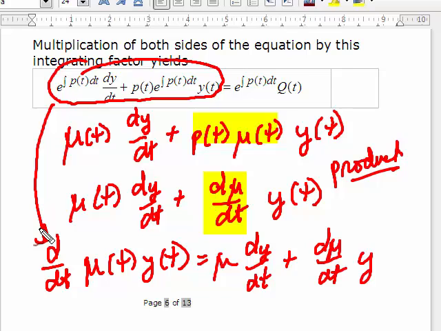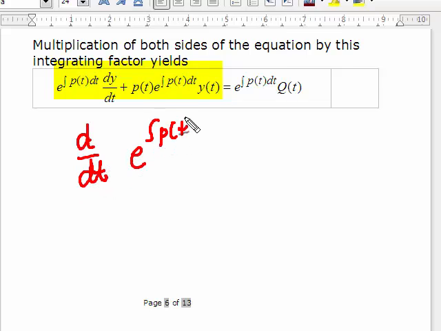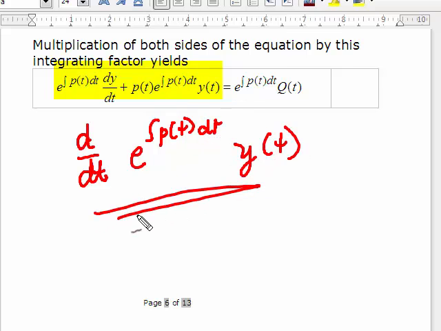Okay? If I wrote that out using the integrating factor, that means that this whole side here is really, so I can replace this left-hand side by this expression.